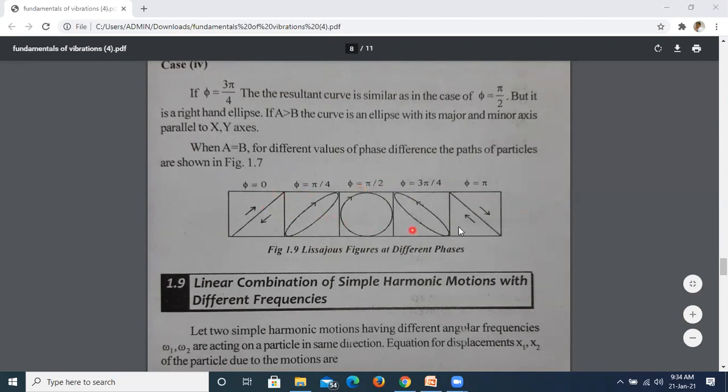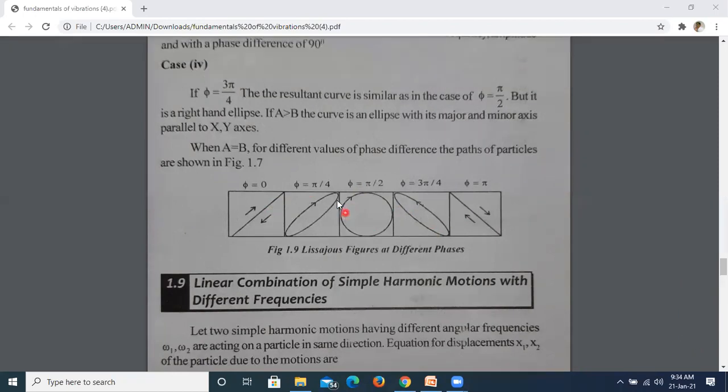These are the resultant paths of a particle subjected to mutually perpendicular simple harmonic motions of different amplitudes for different phase differences. We are getting different resultant motions, that may be straight line, ellipse, oblique ellipse or symmetric ellipse, circle, whatever it is. These figures are called Lissajous figures.